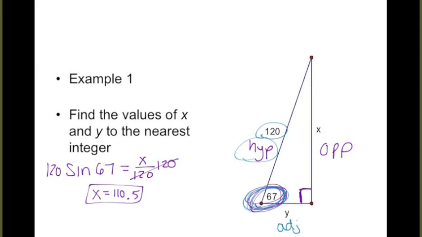So if I have adjacent and hypotenuse, that's going to be our cosine. So cosine of angle is adjacent y over hypotenuse 120. Multiply both sides by the 120 and type that in using our cosine button, which is right between the sine and the tangent buttons. And we find that y is about 46.9.